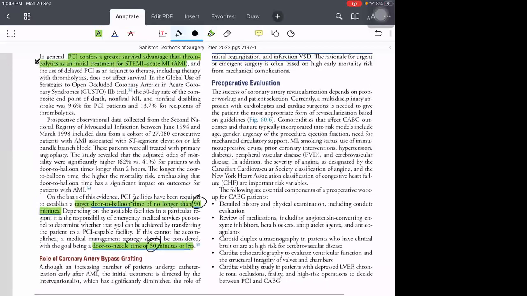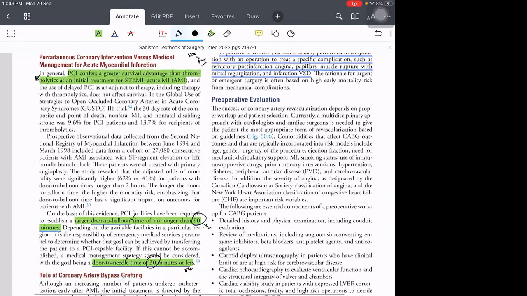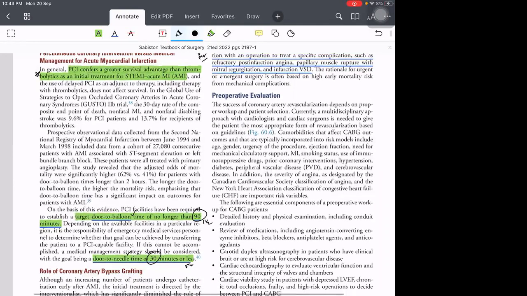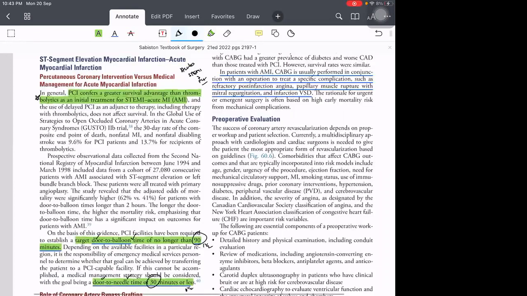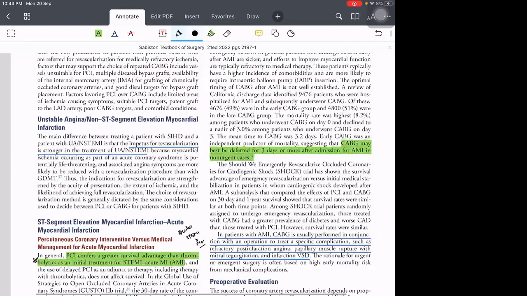So the target door to balloon is, when they are planning for PCI, the balloon should be inflated within 90 minutes, 1.5 hours. And when they are planning for thrombolytics, the drug should be given within half an hour of the patient reaching the door of the hospital. So door to balloon 90 minutes, door to needle 30 minutes.